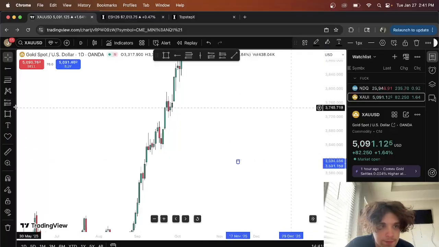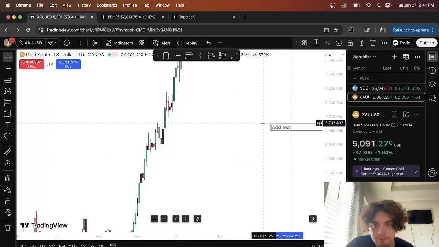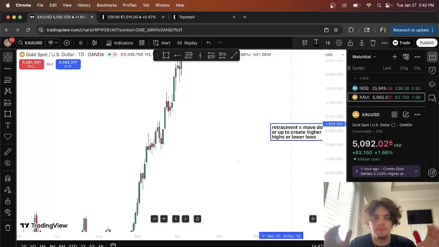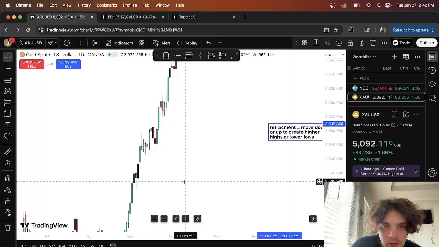Retracement equals a move down or up to create higher highs or lower lows. Very simple.